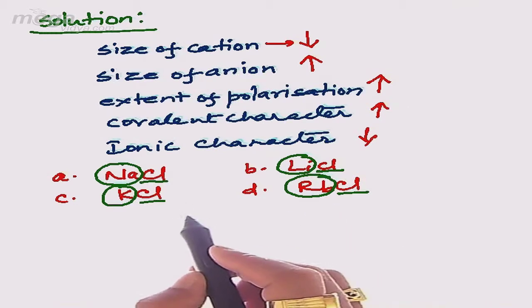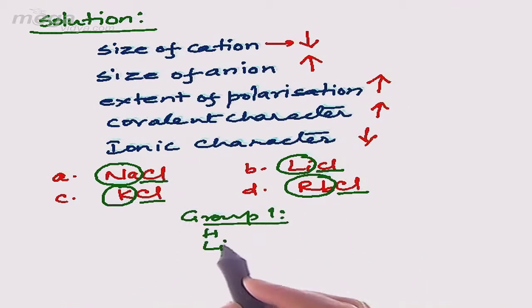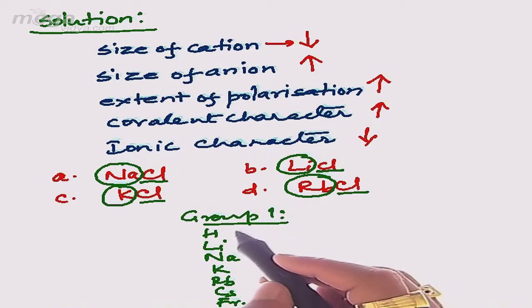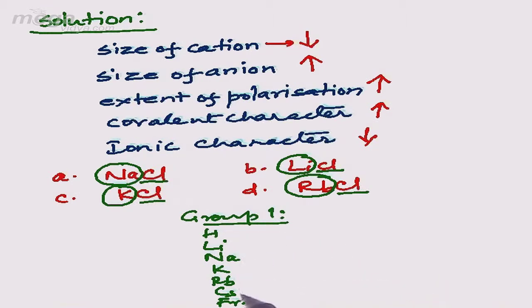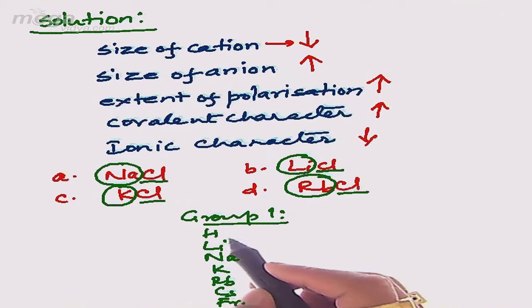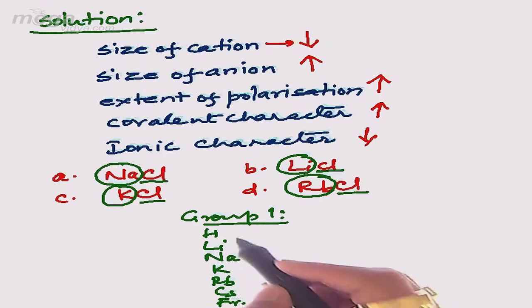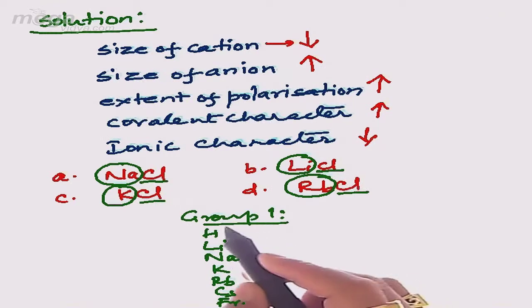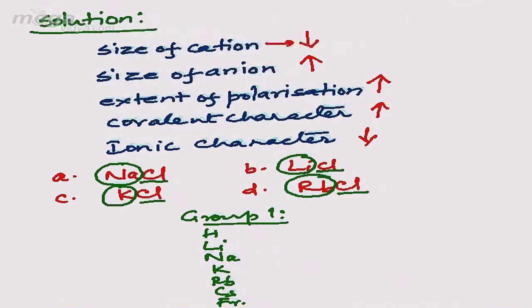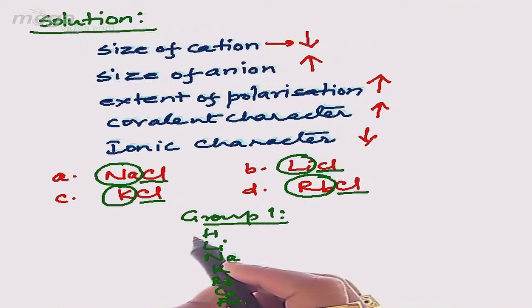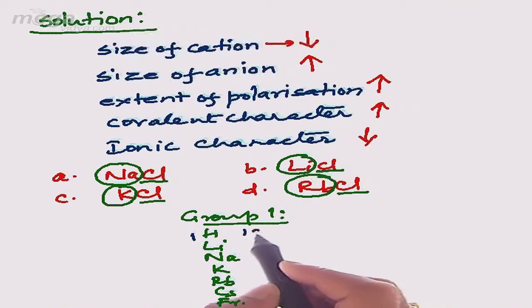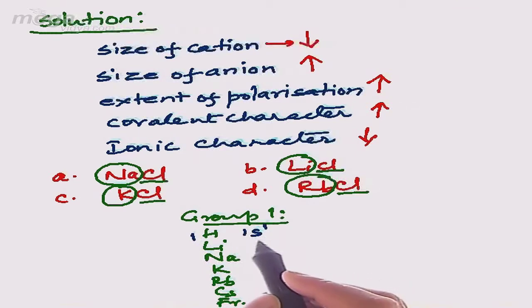In group 1 we have hydrogen, below which we have lithium, then sodium, then potassium, then rubidium, then cesium, then francium. Now students, as we move down the group in the modern periodic table, we find that the size goes on increasing, and the reason is the increase in the number of shells. For hydrogen the atomic number is 1, so its configuration is 1s1, that is it has only 1 shell.